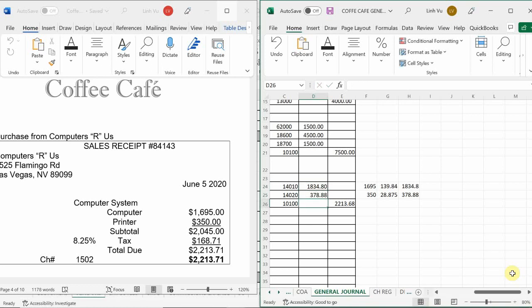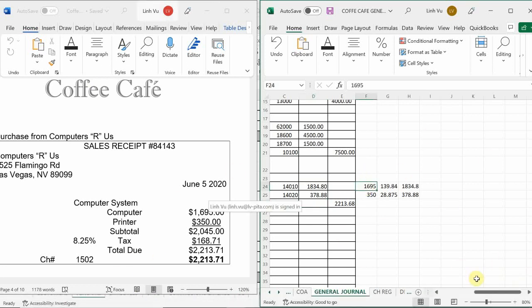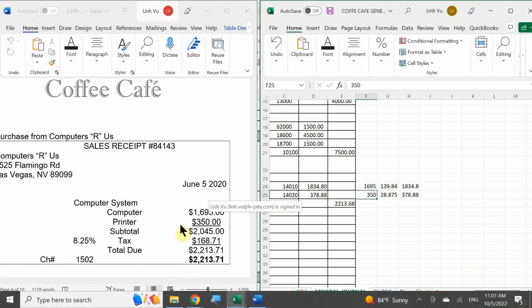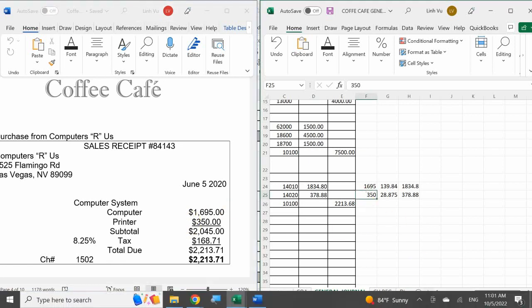I get a total of $2,213.68. Something's off. Let me redo my calculation. So 1695. Okay, and then my printer was $350.